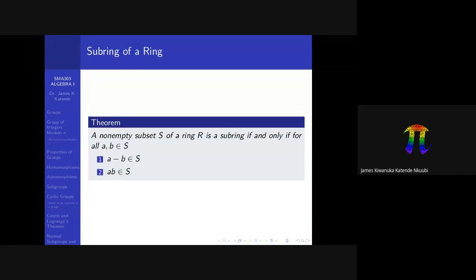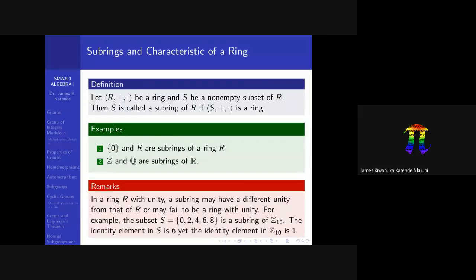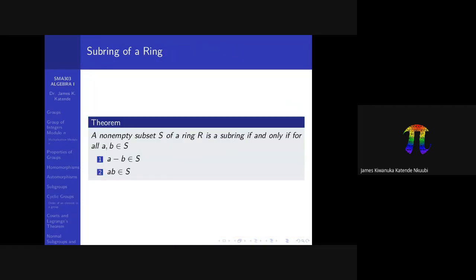So anytime you have a subset and you want to check that it's a subring, you have two ways to prove it. One way is to go through all the 9 properties that we listed earlier, but there's a shortcut which this theorem gives us.